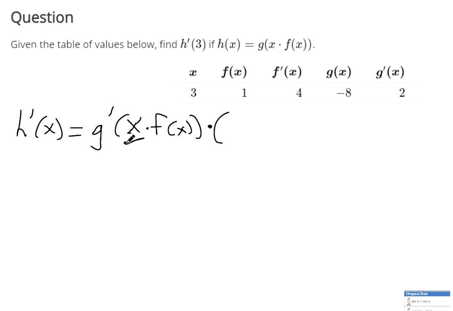It's a boring function of x, but it's still x times a different function of x. So we need the product rule. The derivative of the first function, derivative of x, is just 1, times the second function kept the same, plus the original first function times the derivative of the second function.